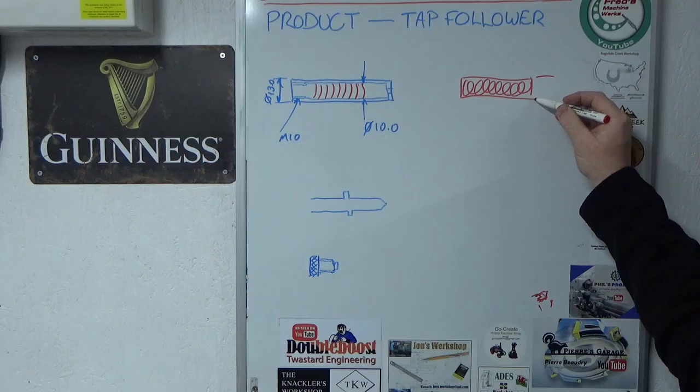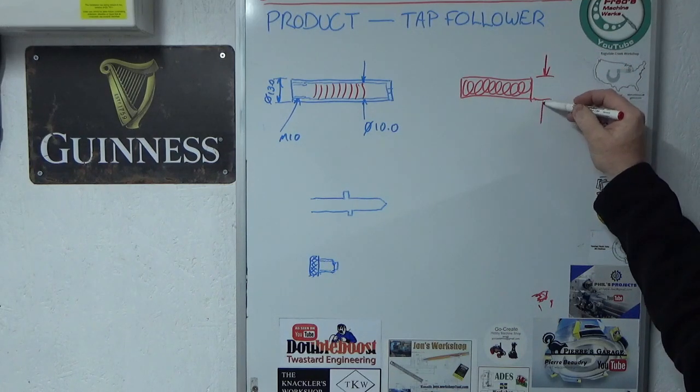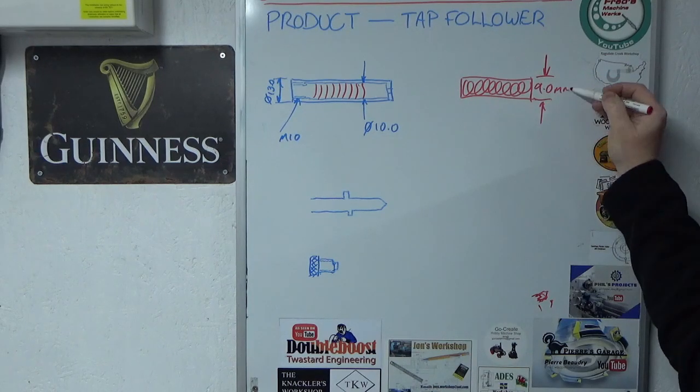So I now know that my spring maximum diameter is probably going to be about 9mm, no bigger than that.